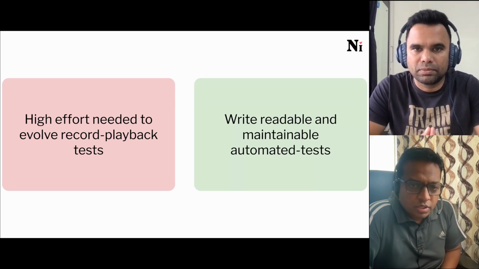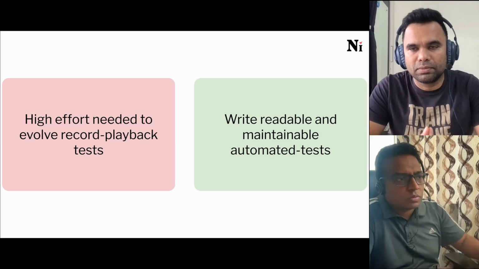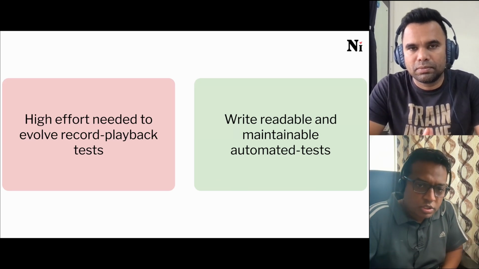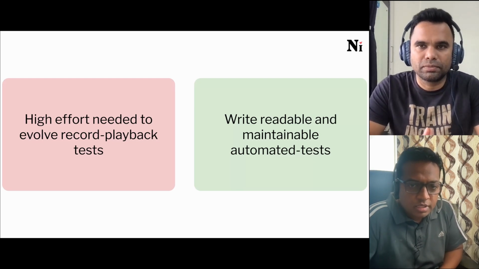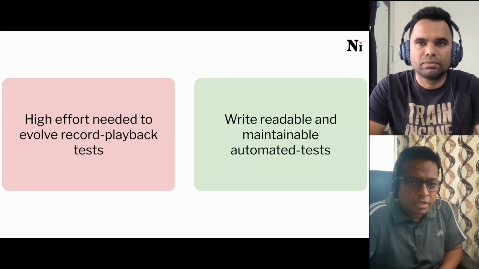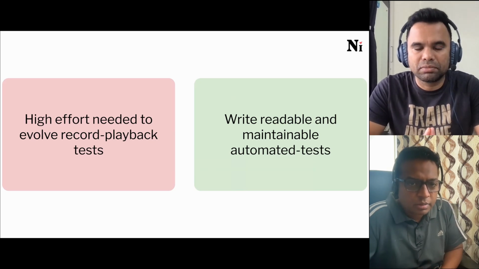So that's the solution, that you have to write it in a scripting language, and developers and testers have to approach writing test code in the same way that we approach writing production code, which means the intention should be not just that it works, that it does the testing that you want to do, but also that it is written in a way that it is readable and maintainable for the future. So creating a readable and maintainable set of tests is as important as doing the testing in an automated way in the first place.